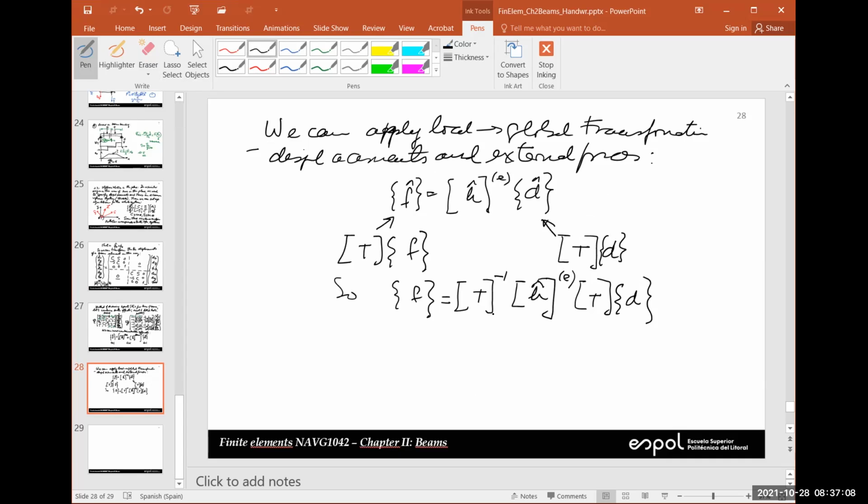This operation produces, because of the special characteristic of the transformation matrix, the transpose.